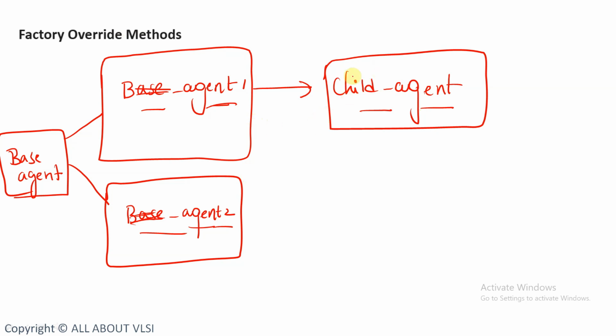Or if I want to replace only agent 1 with child_agent, I can do that too. Or if I have n number of agent classes, I can replace all of them with this child_agent.